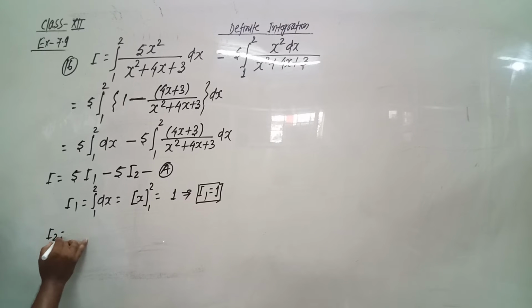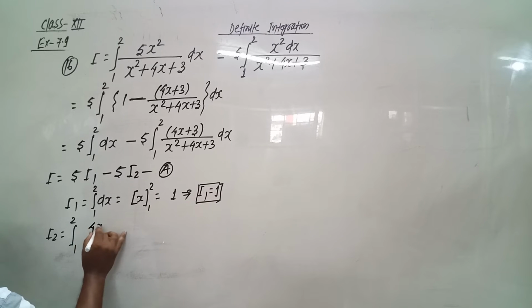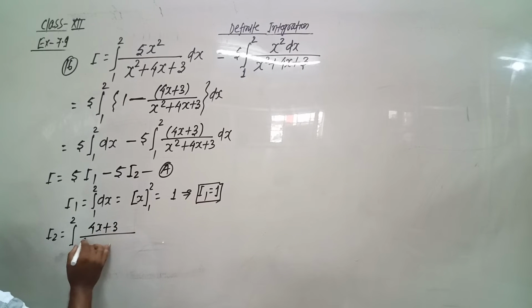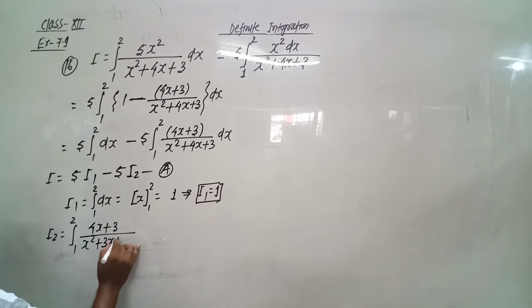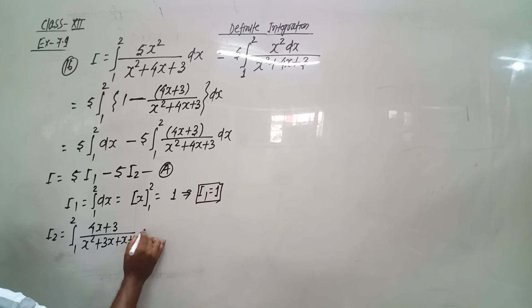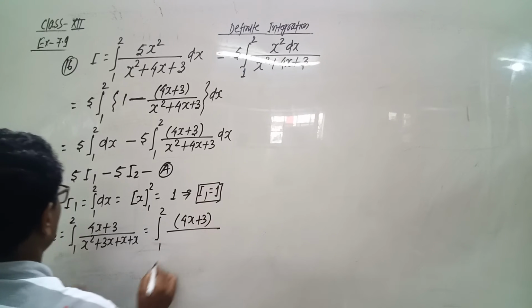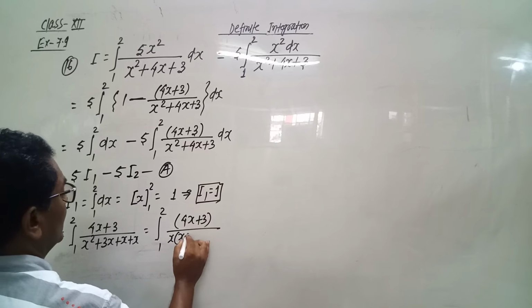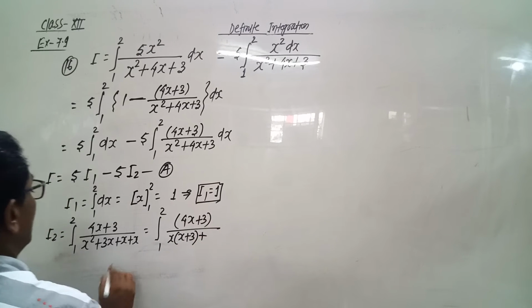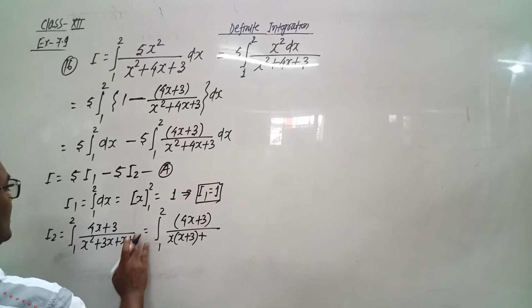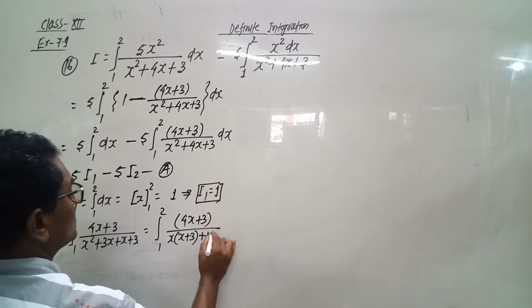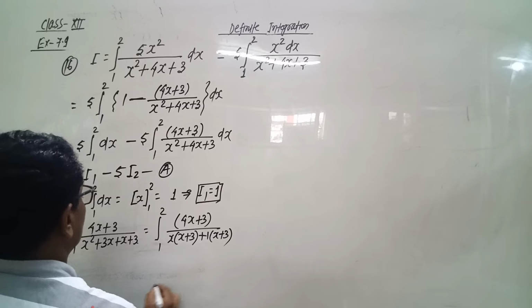So I2 is integration 1 to 2, (4x plus 3) upon x square plus 4x plus 3, which is written as x square plus 3x plus x plus 3. From the first two terms x is taken common, so x plus 3, and from these two terms 1 is taken common, so x plus 3.